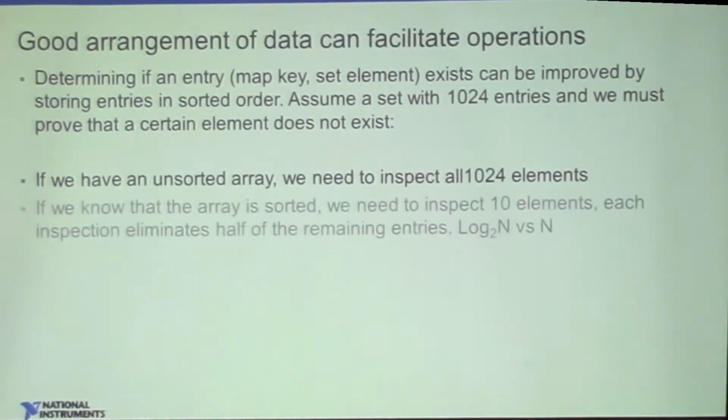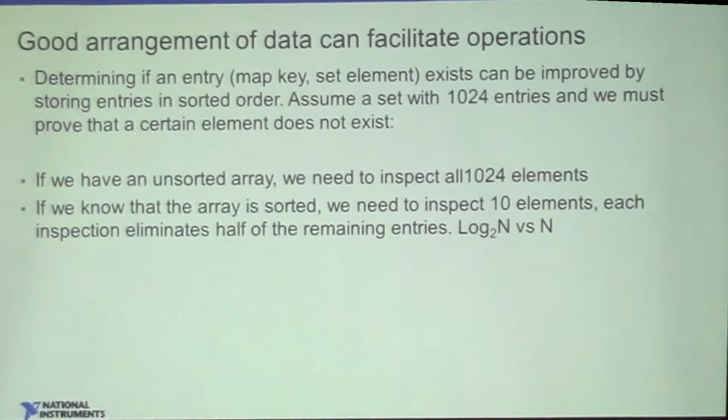If the array is sorted, we can get away with only looking at 10 elements, because every time we look at an element, we can eliminate half of the candidates, and it really shrinks very fast. So it's a factor of 100 different, and that usually counts if it's something expensive, right?